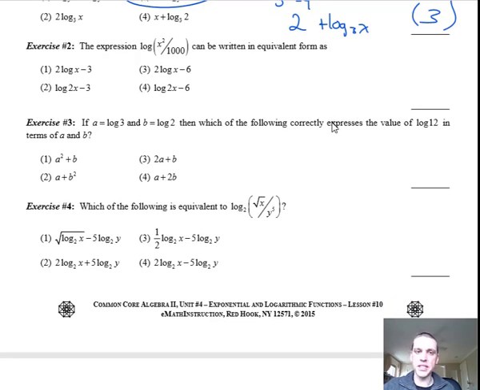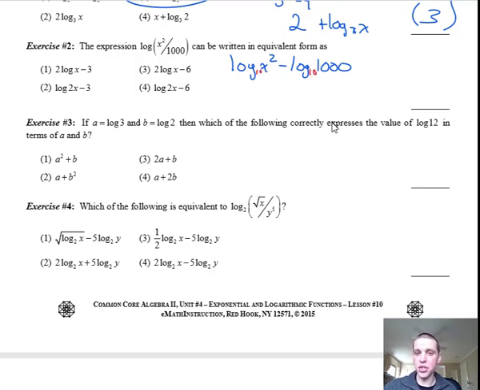So let's look at this. We've got log of x squared divided by 1000. We see the division, so we automatically think subtraction. So log of x squared minus log of 1000. Now in the previous lesson I talked about this: when we don't see a base, we think it's a common log. The common log is log base 10.